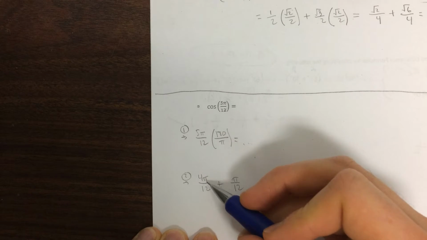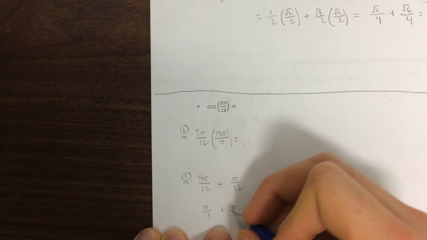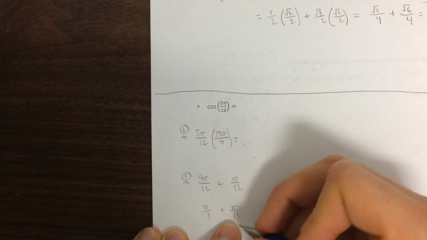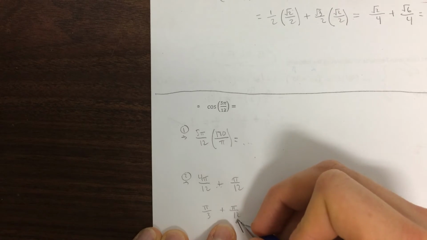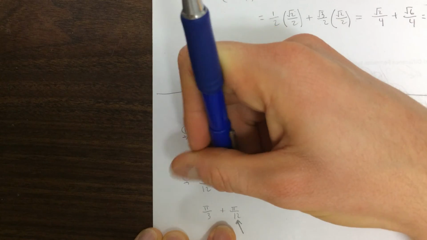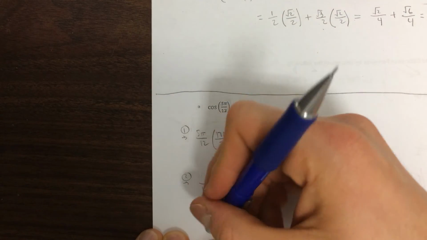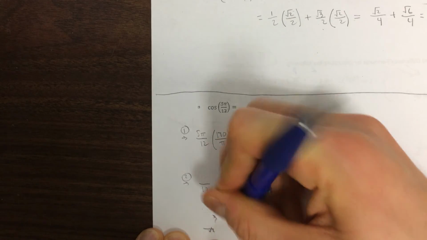However, if you do this, 4 pi over 12 simplifies to pi over 3. This doesn't simplify. This is not on our unit circle. So maybe these radians wouldn't be beneficial. Maybe try 2 and 3 and then simplify. That might be beneficial.